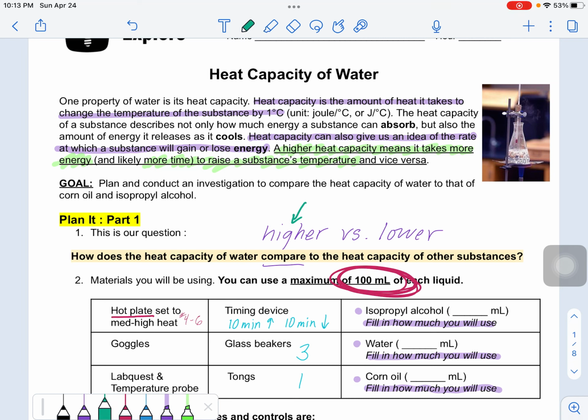So the higher the heat capacity is, the more heat or the more energy it can take in. A substance with a higher heat capacity will take longer to heat and cool than a substance with a lower heat capacity. Lower heat capacity, it will see a faster increase and decrease with that energy.